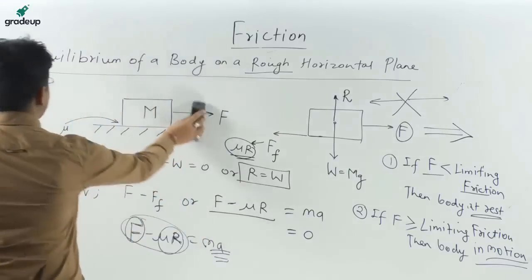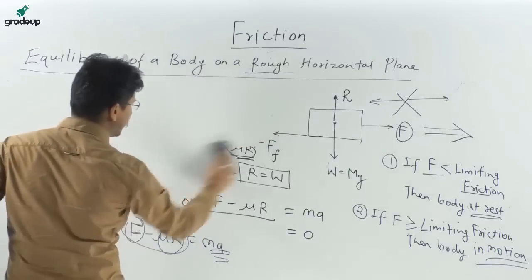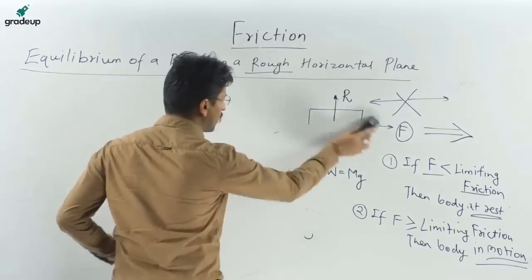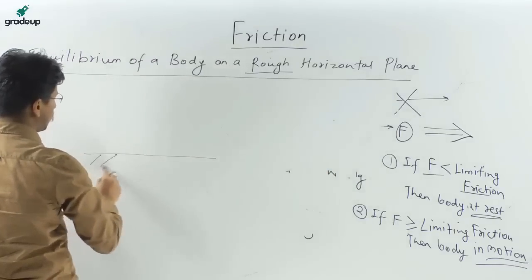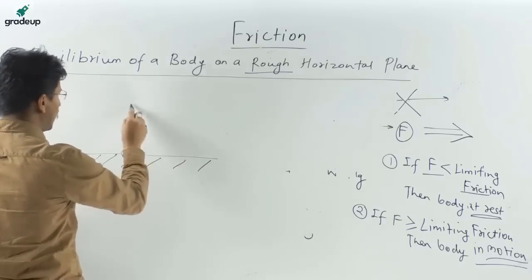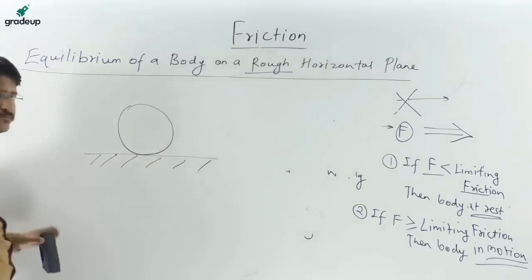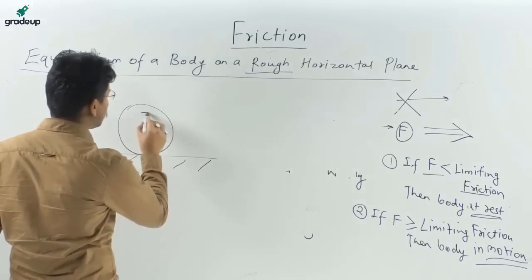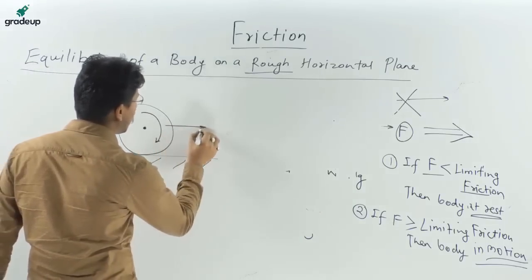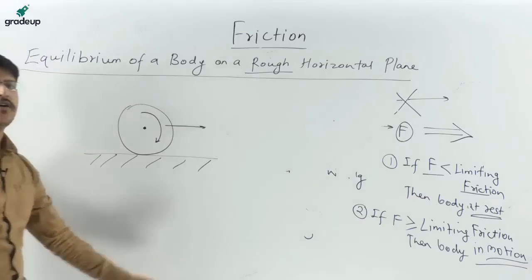Now we see one simple case. If we have a surface, and on that we have a kind of roller, okay, this is the center, this roller is rotating in this direction and the body is moving in the forward direction.